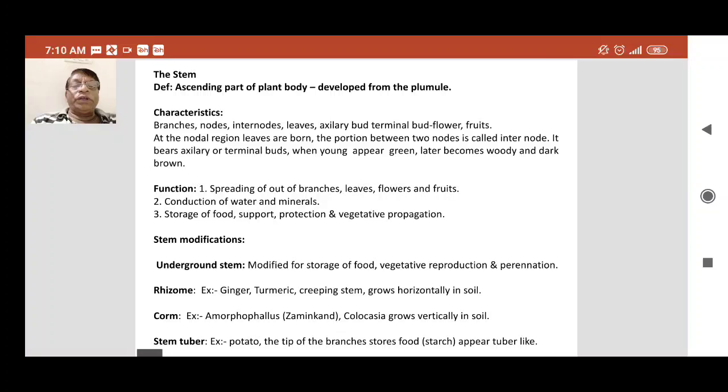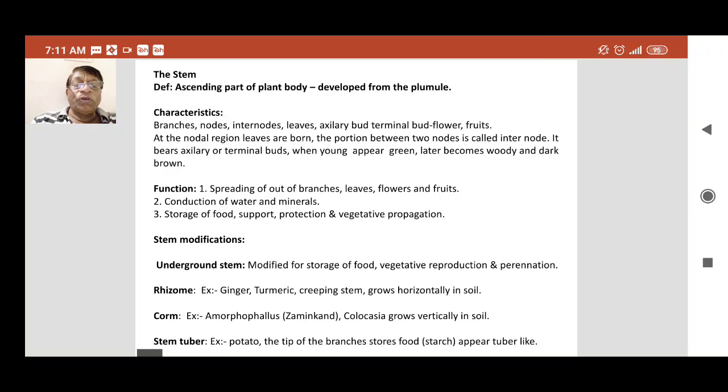So now first let us study the underground stem modification. Underground stem. As I already told you, the stem is normally or generally found above the ground or soil. But the stem may be found below the soil.